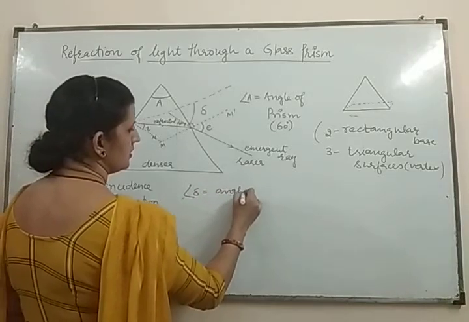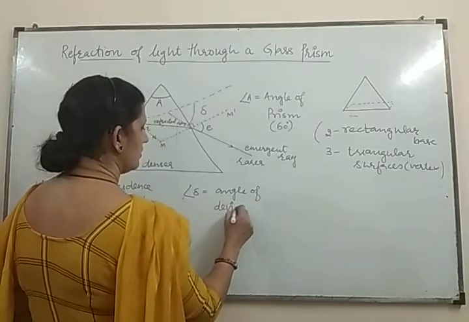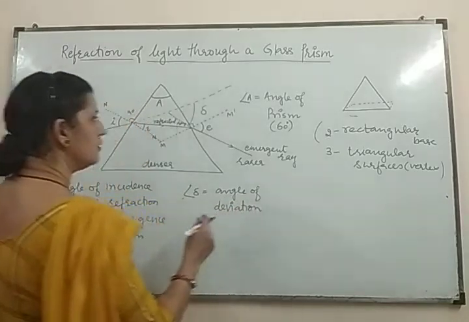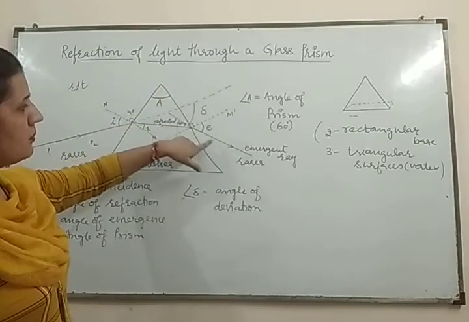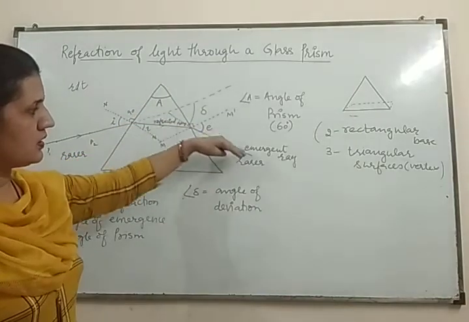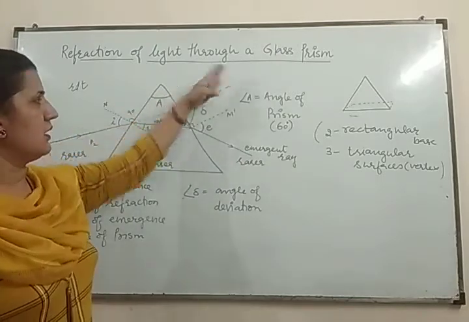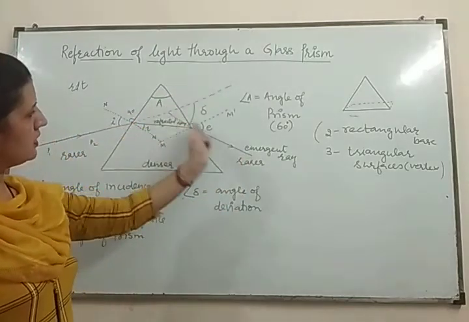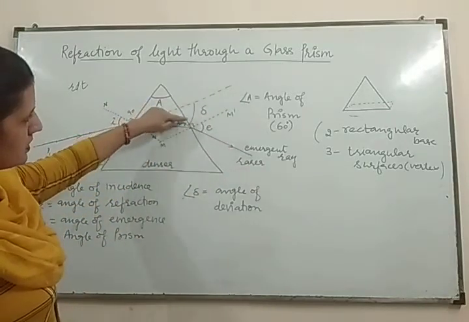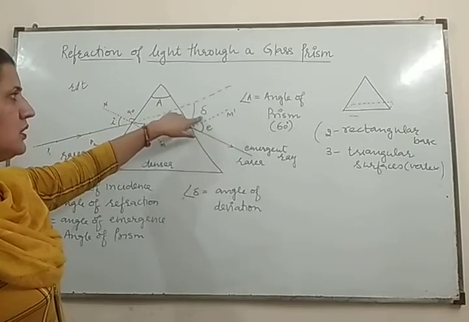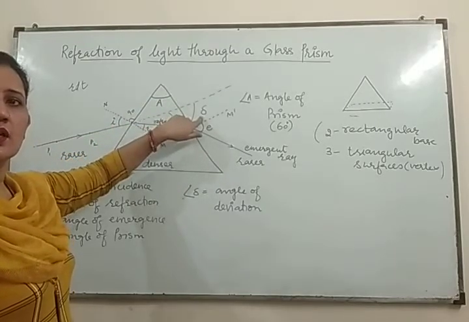Angle of deviation means with how much angle the emergent ray is deviated from the incident ray. So by back producing this emergent ray, we can measure the angle of deviation. This is delta.